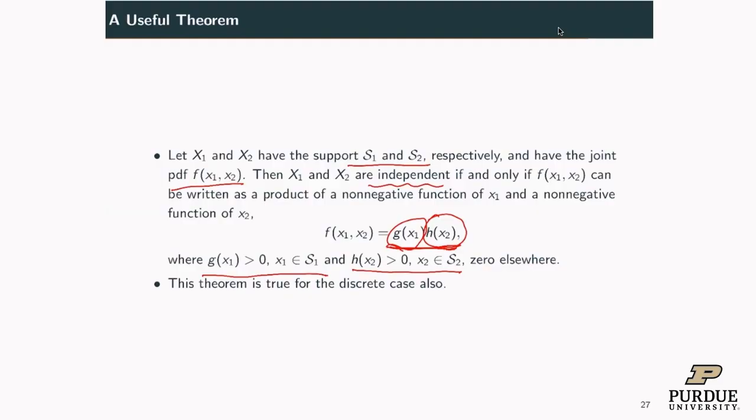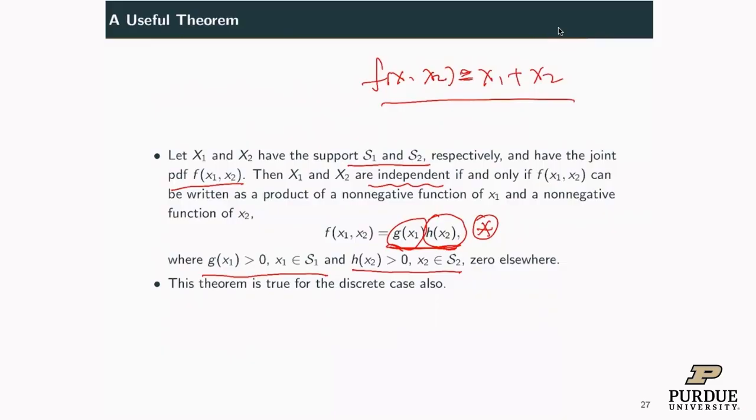There are two things you need to be careful about. The first is that you need to do the separation. For example, if f(x1, x2) is x1 plus x2, I don't think you can do the separation, so you can claim x1, x2 are dependent.